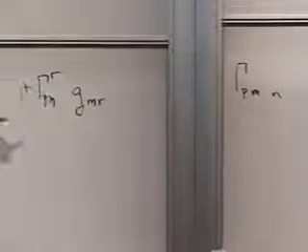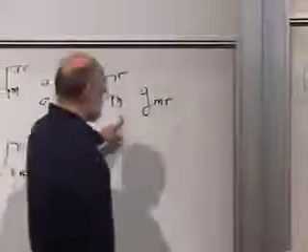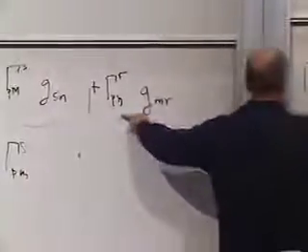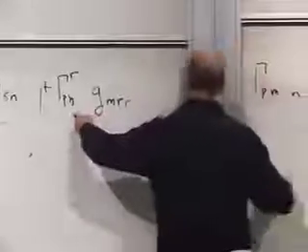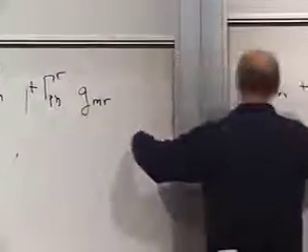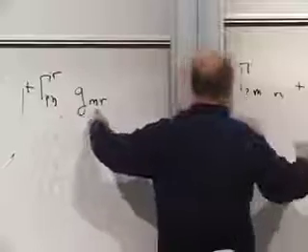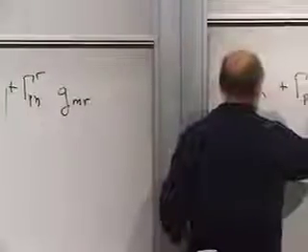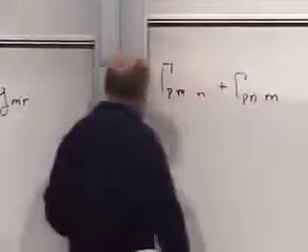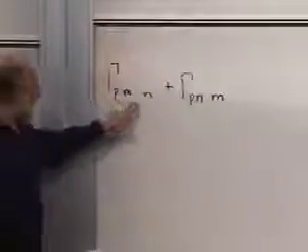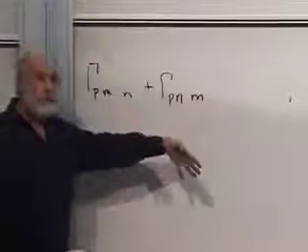And this one over here could be written as gamma P N M. They're identical, except one of them has MN, the other one has NM.